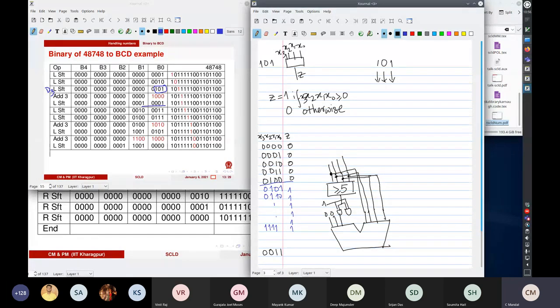So as you can see, you can think of this as a module.